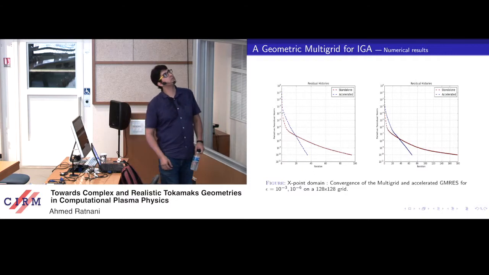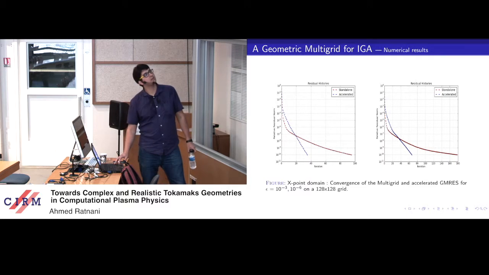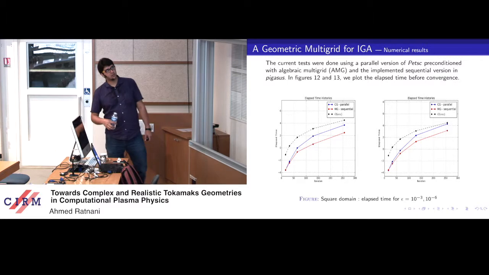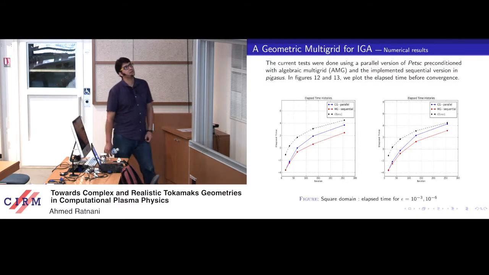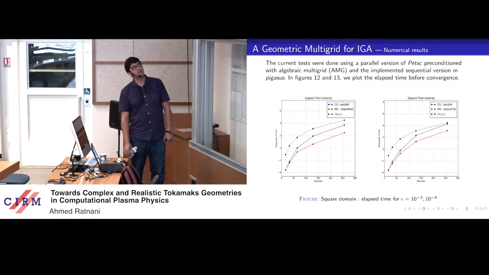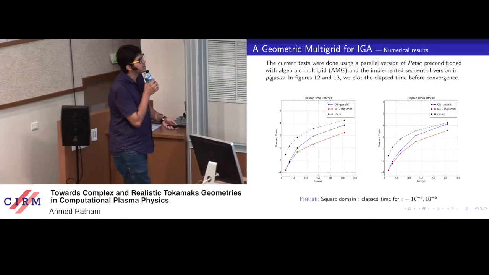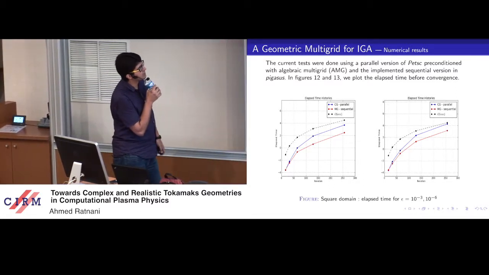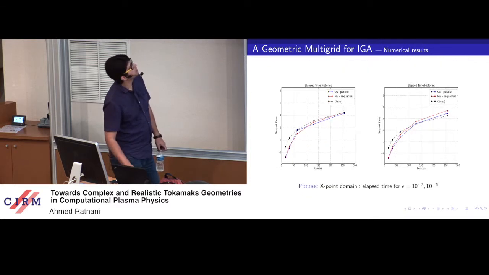This is for the X-point domain with 128 points in each direction. And then we have here a comparison between this geometric multigrid and the conjugate gradient in PETSc, using two processors, I think. And so you can see that for the square, the geometric multigrid beats PETSc. Okay, so here is the X-point.